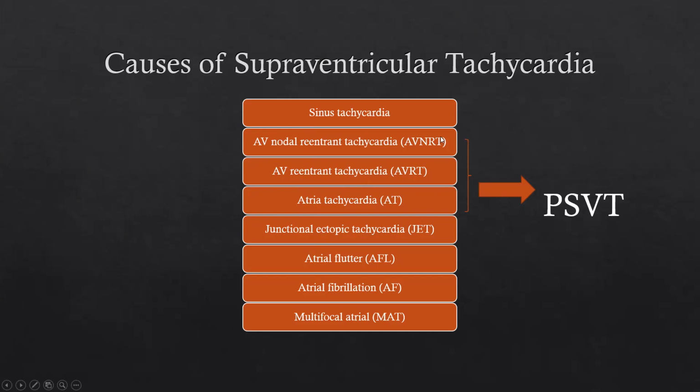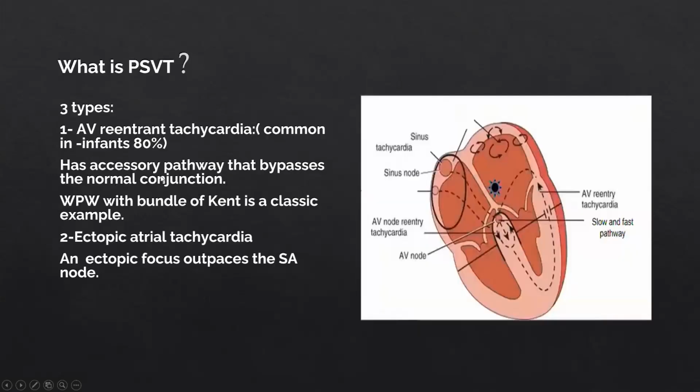But initially, what we want to speak about is paroxysmal supraventricular tachycardia, which includes AV nodal re-entrant tachycardia, atrioventricular re-entrant tachycardia, and atrial tachycardia. So three types of paroxysmal supraventricular tachycardia.